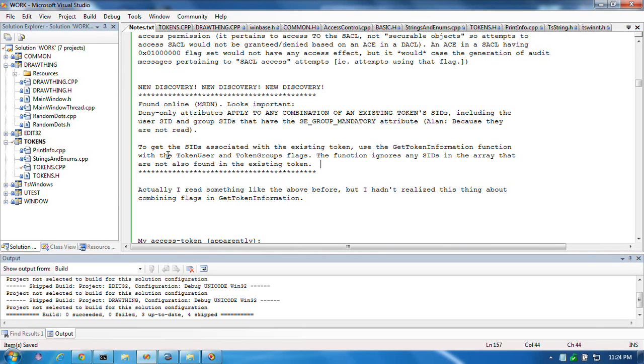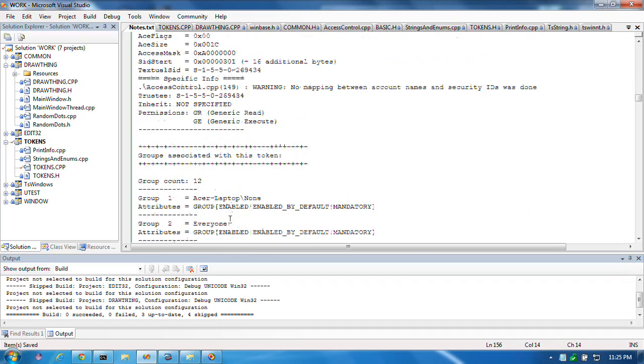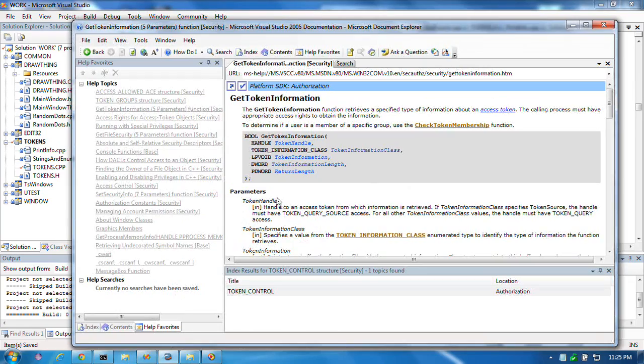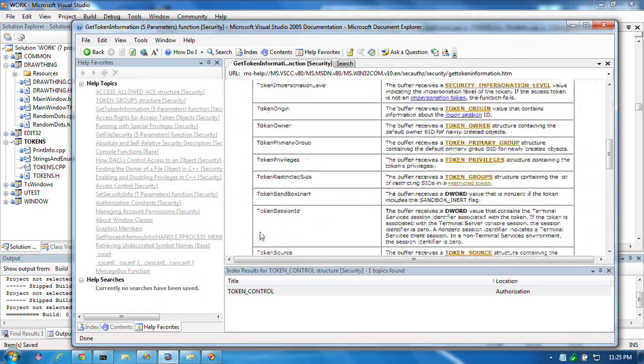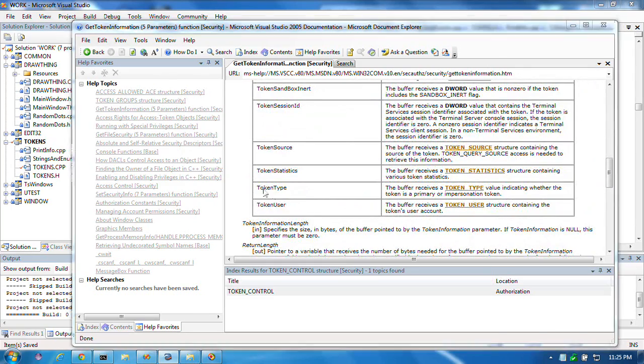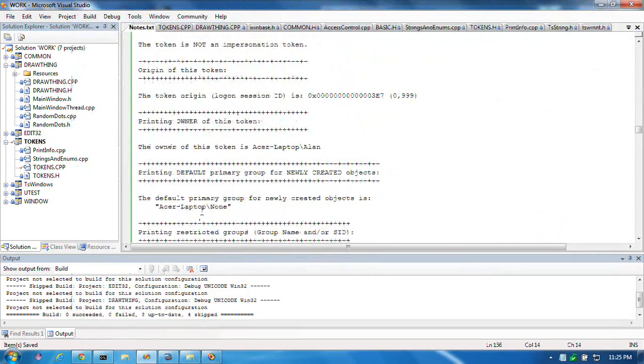Use the function with token user and then token group. Well, token user just returns... that doesn't return an array. I did that one. It's down here. Token user should be the very last one. It's just one entry.